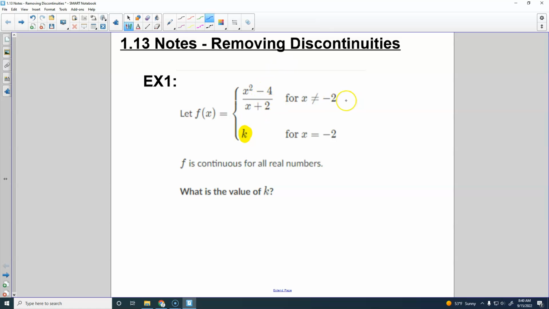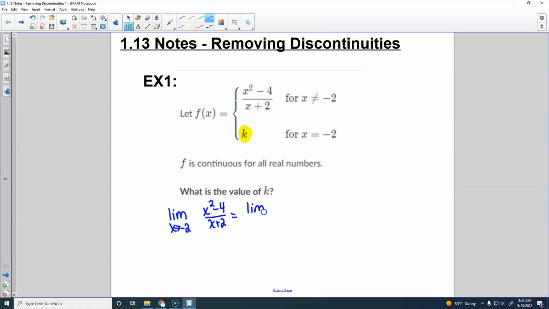Because we can see right here at -2, if I plugged in -2, I'd get 0/0. So we're probably looking at a hole in the graph situation here. So if I just do the limit as x approaches -2 of x squared minus 4 over x plus 2, that should give me that value I need for my k.